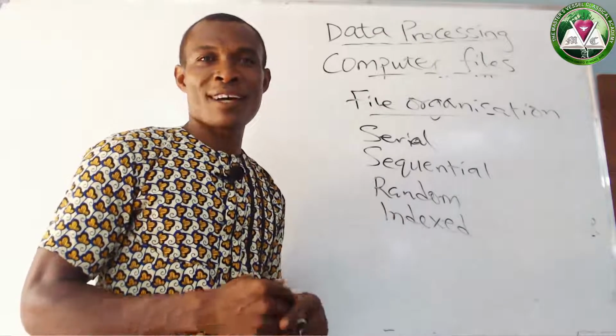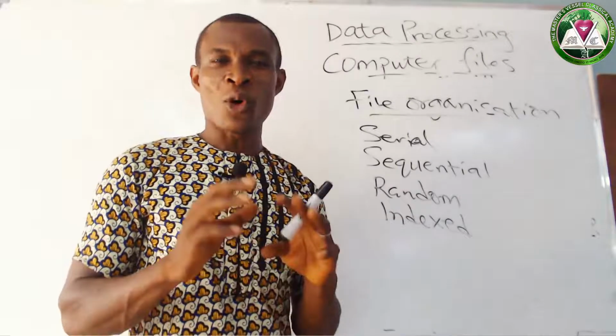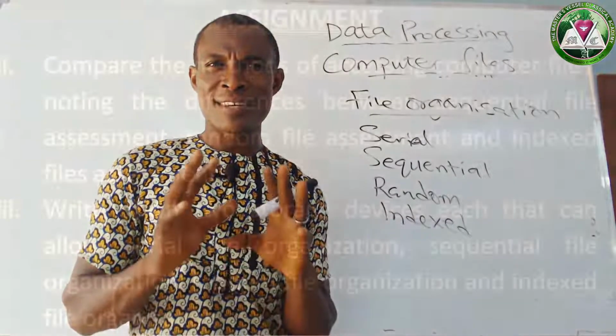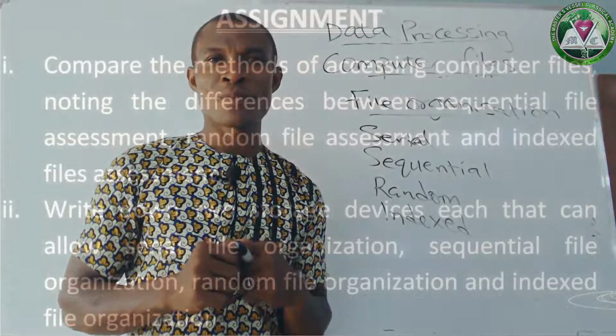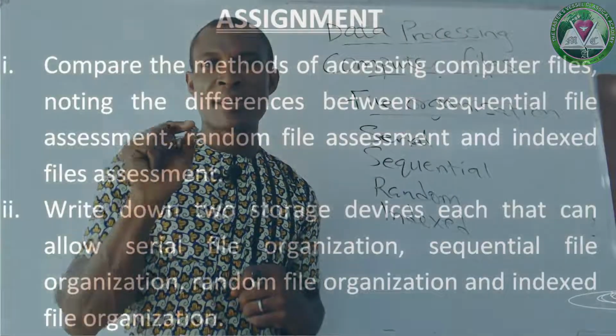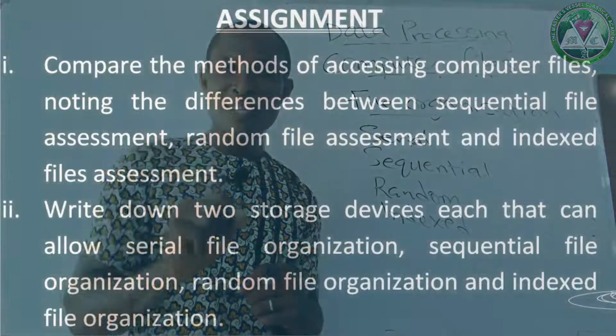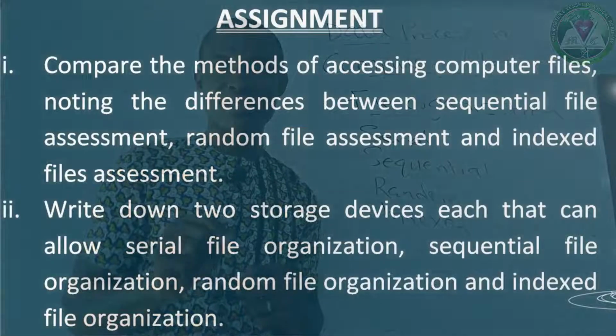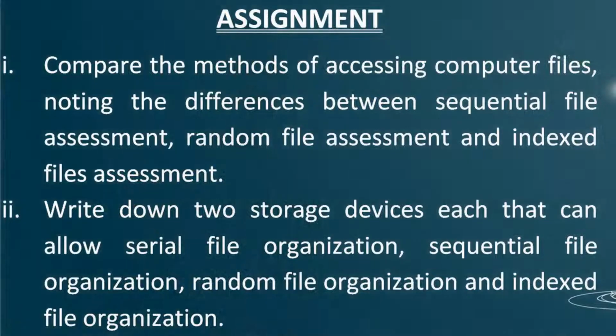So far, I want you, on your own, that is the exercise you are going to do for me, to compare the methods of accessing computer files, noting the difference or differences between sequential file access, random file access and index file access.